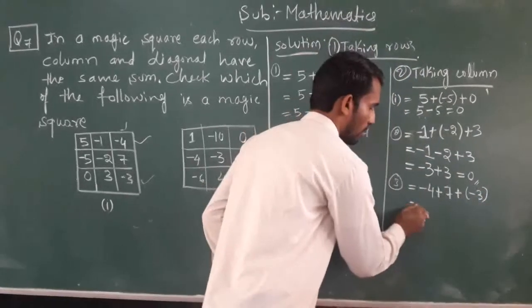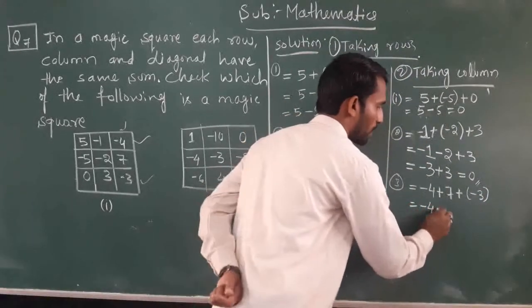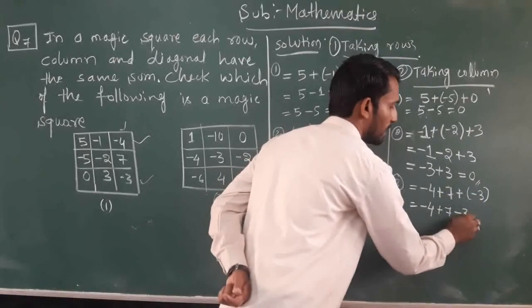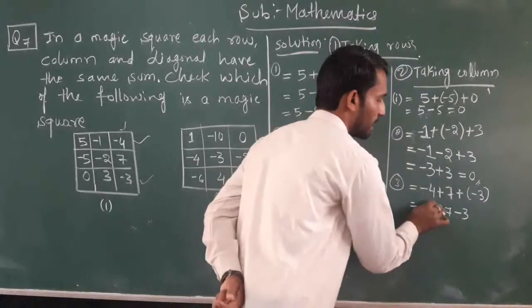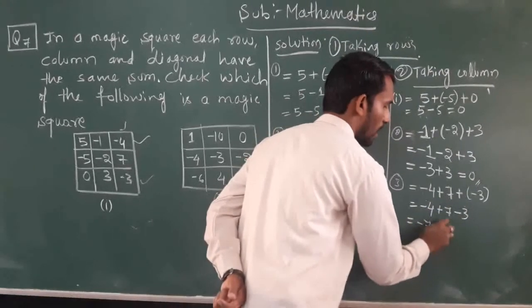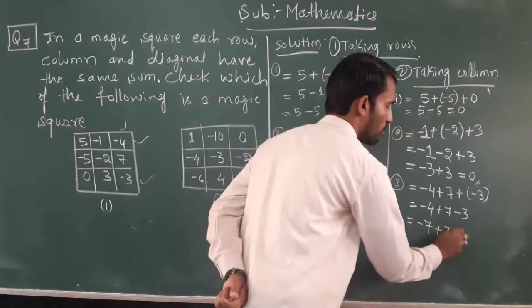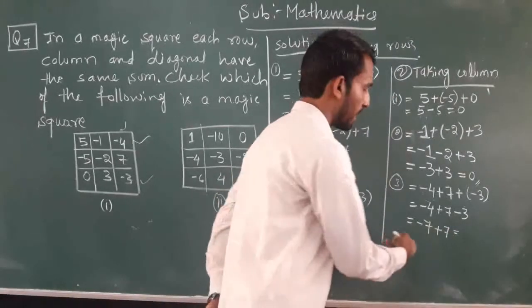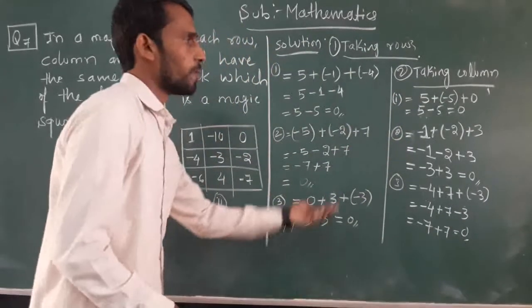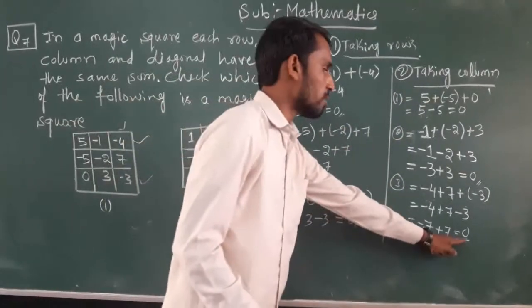When we add negative integers, we will get minus 7 and plus 7. When we do subtraction, we are getting again 0. In the columns also we got 0 as the answer.